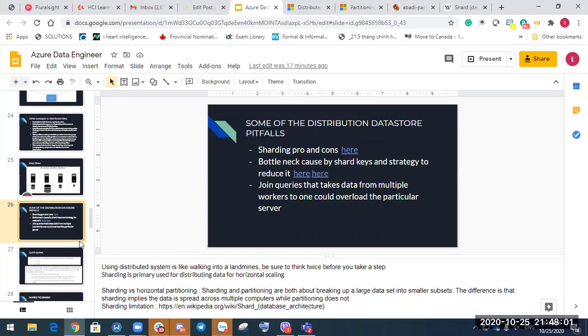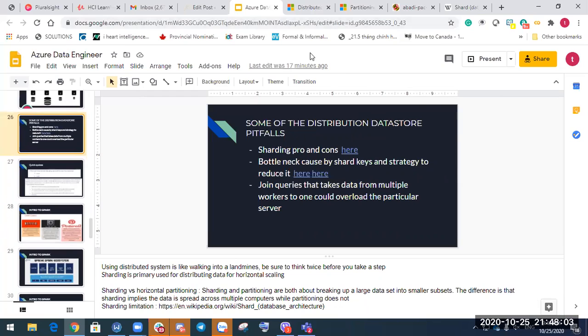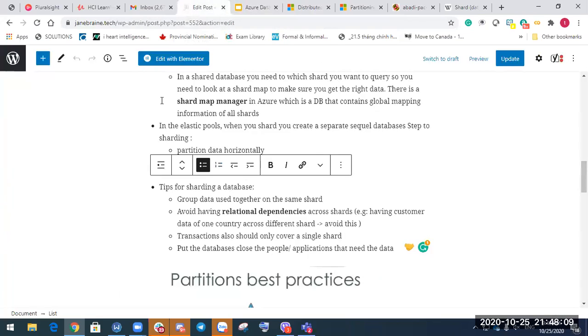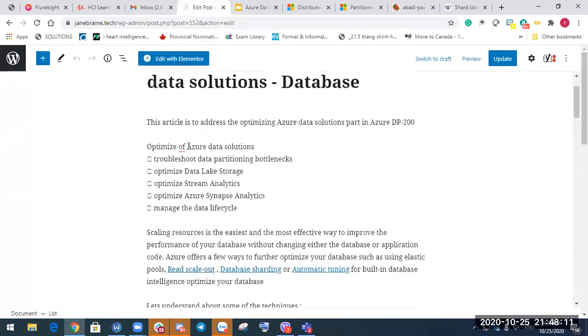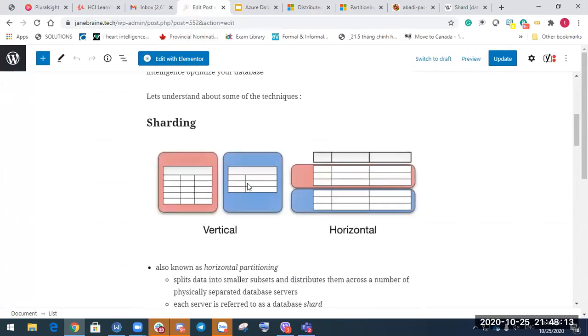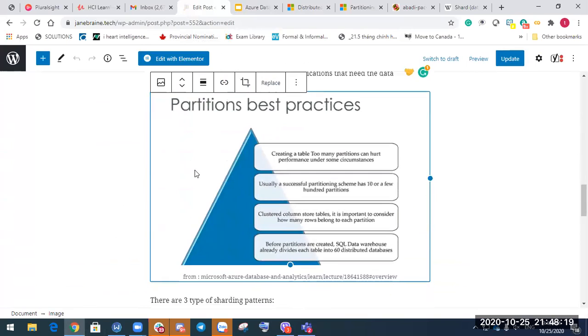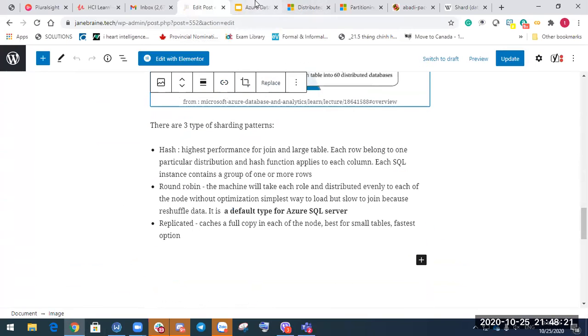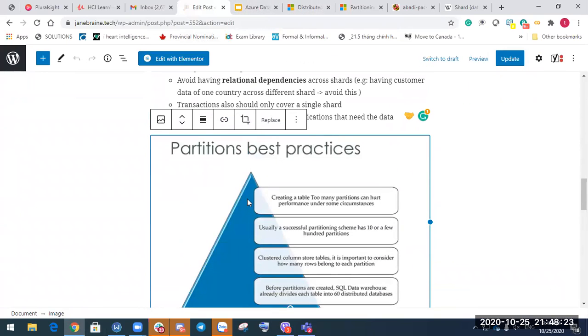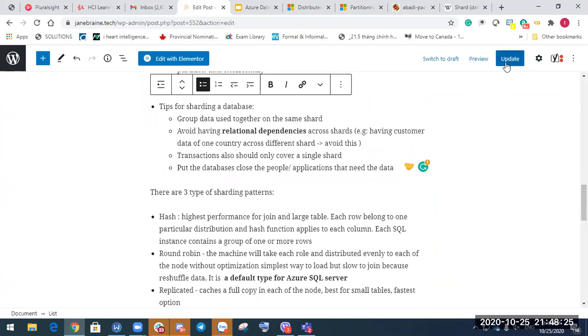So Brian, since you weren't in the last session on this, please go over to my sharding article to read more. I'll fix this. I don't know why I'm missing the partition one here, but I'll fix it later. So let me delete this for now so that you guys don't get confused.